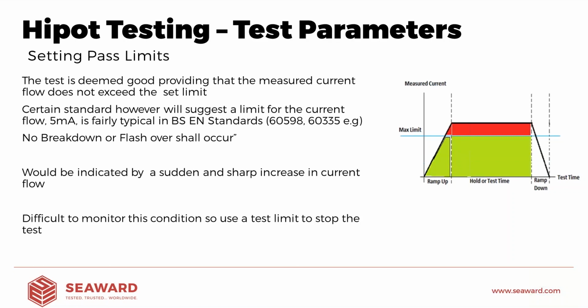Other standards will make a statement, like you can see on screen, that no breakdown or flashover shall occur. Now, what does that mean in the real world? Well, that would be indicated by a sudden and sharp increase in current flow from what it could be at stable. All of a sudden, we get a massive spike of current flow. In terms of testing, that's difficult to monitor because we've got to watch the numbers.